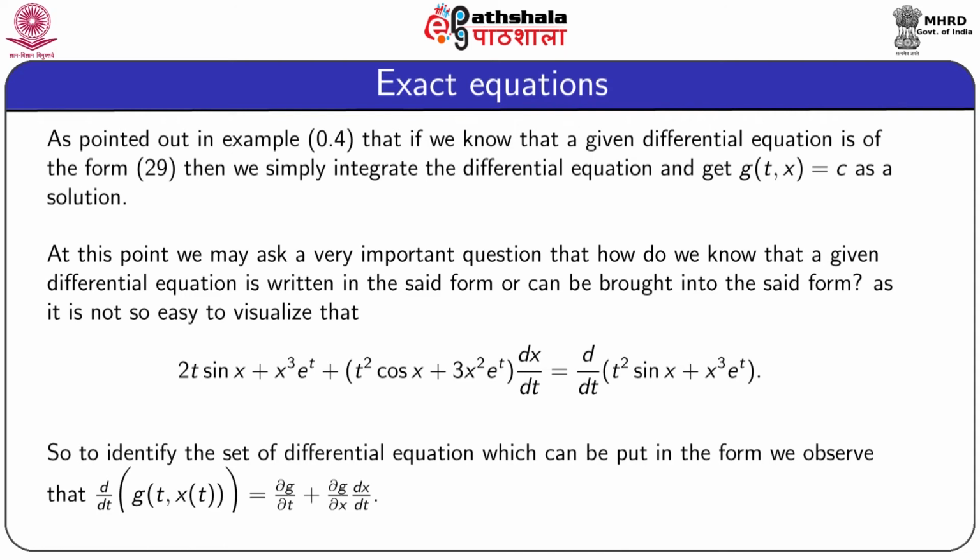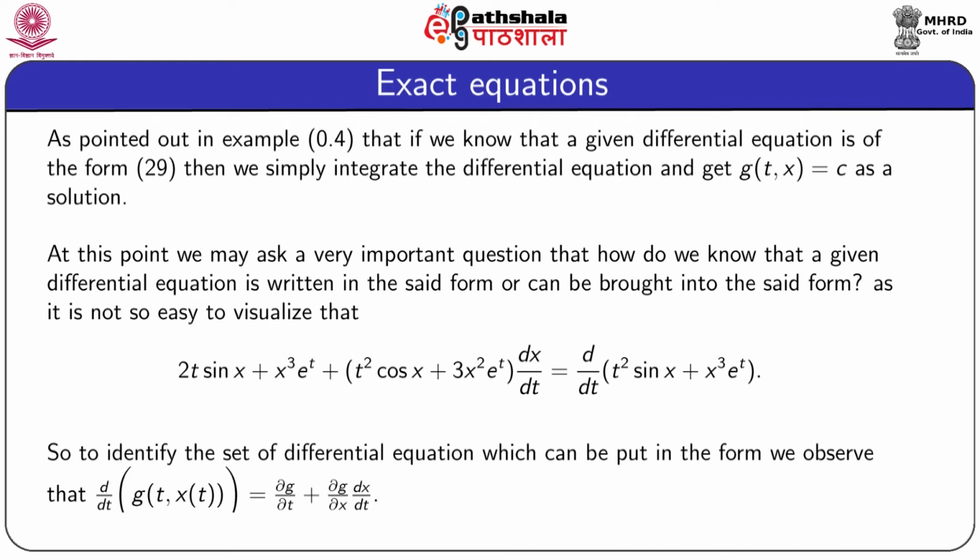As pointed out in the previous example, that is 0.4, if we know a given differential equation is of the form 29, then we can simply integrate the differential equation and get g(t,x) equal to C as its solution.